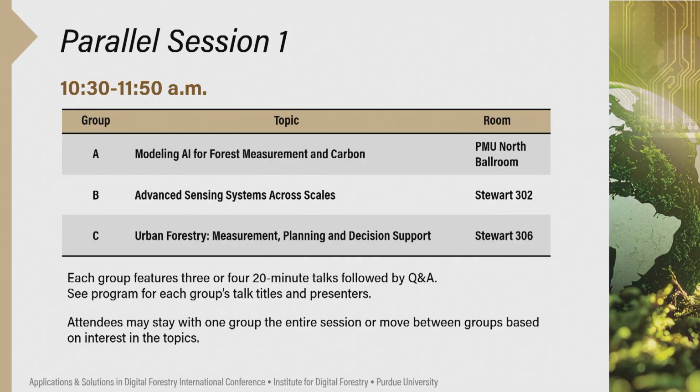Then after our break at 10:30, we'll head to our first parallel session. We have 3 concurrent sessions, so you get to choose which one you like. The concurrent sessions are on pages 3 and 4 of your conference program. Here in the North Ballroom, we'll have Group A. The 2 other sessions, Groups B and C, are in the Stewart Center, which is next door to the PMU here.